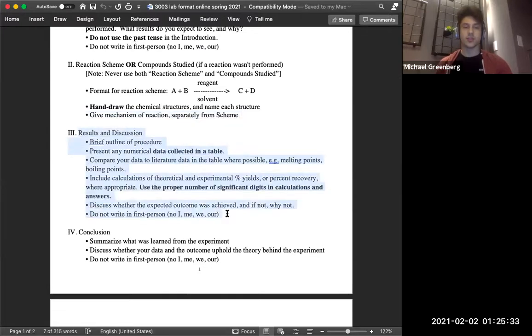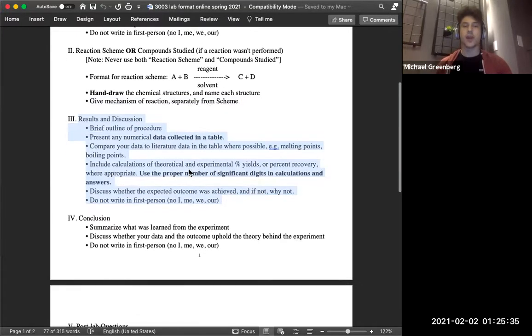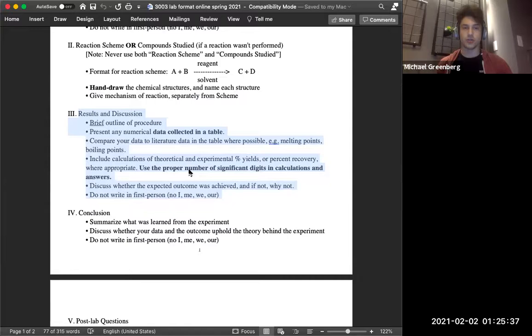Then you have your results and discussion section, which is a brief outline of your procedure. No need to put in things like a change of color or anything like that. Just say here's what was done, in past tense this time because it was done, without putting in any opinions. So the most important thing with the results section is you don't want to put in your opinions.